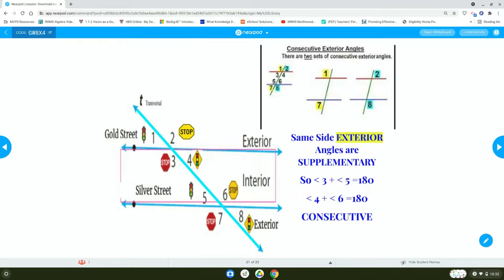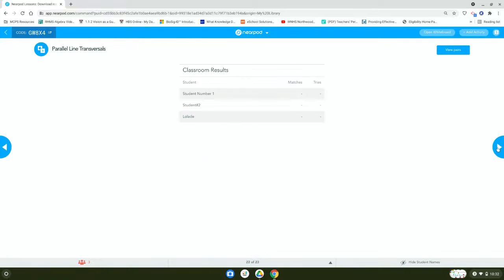This concludes our lesson. Let's take the exit ticket and let me check your understanding so far, students. Can you match the pairs? And let's see if you understand all vocabulary associated with parallel line transversals.